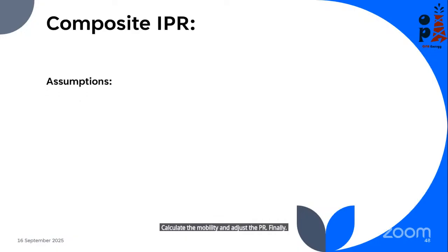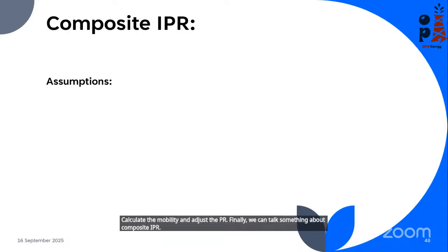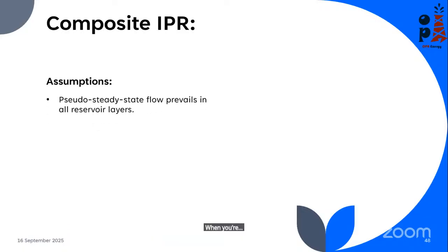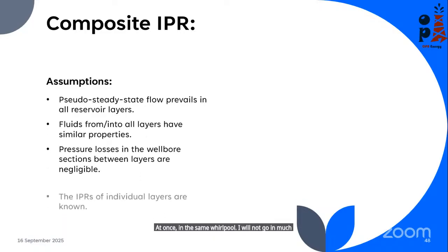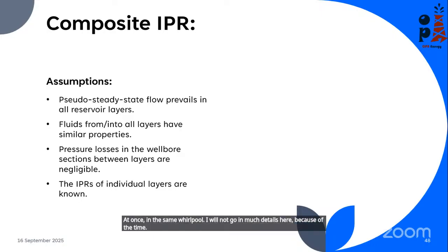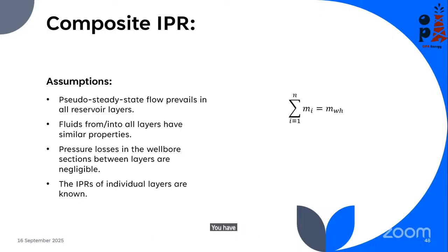Finally, we can talk about composite IPR, when you produce from several layers at once in the same wellbore. I will not go into much detail here because of the time, but let's say you have several layers.